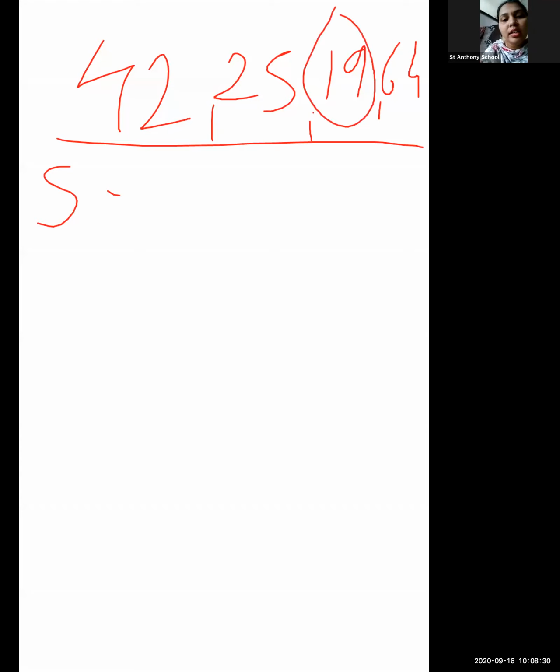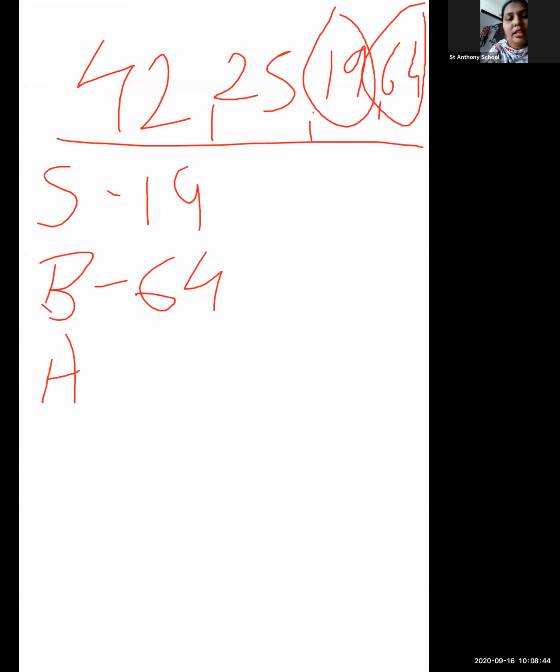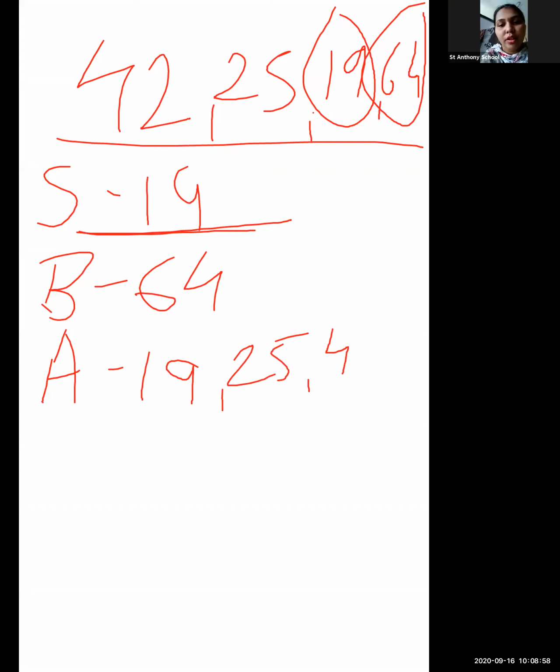Yes, 19 is the smaller number, and the bigger number is 64. So write the ascending order: start from 19, the smaller number, then 25, 42 and end with the bigger number, that is 64.